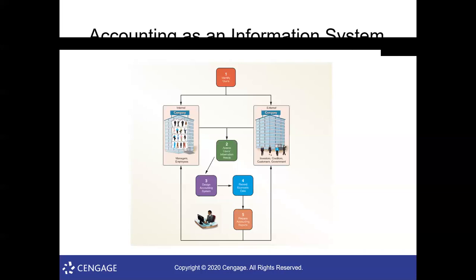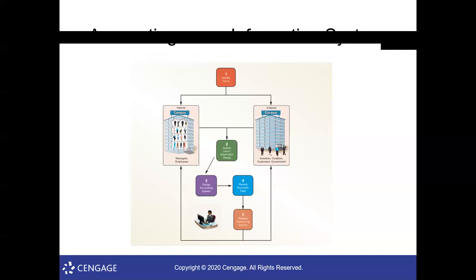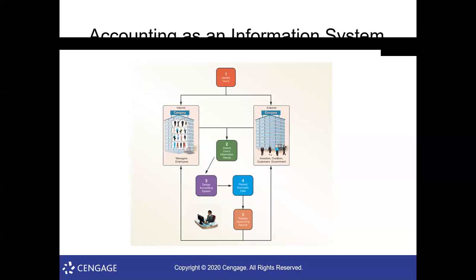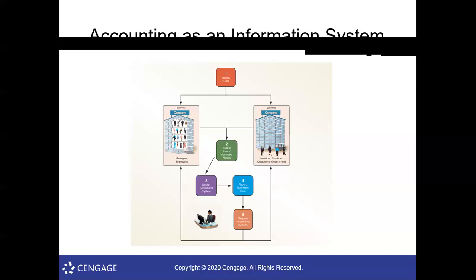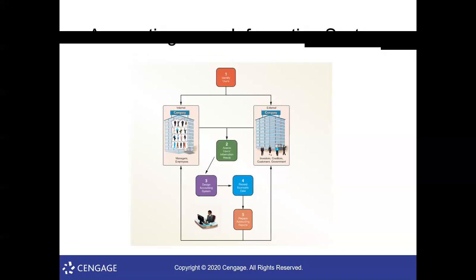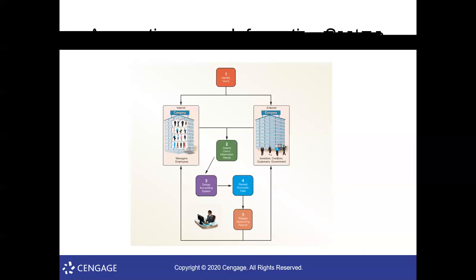And then we go through and classify business transactions, and we'll go over what those are as we go through this chapter and into more detail in chapter 2. And then we summarize that data into a set of accounting financial statements.